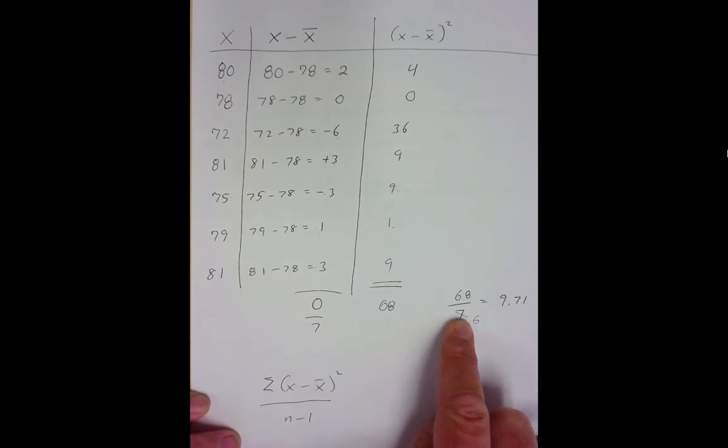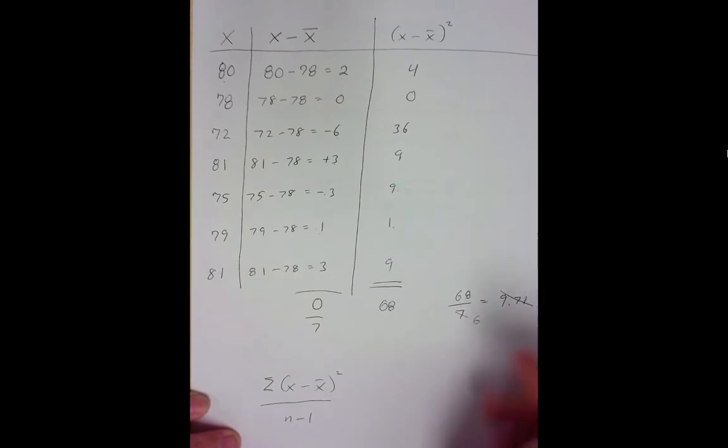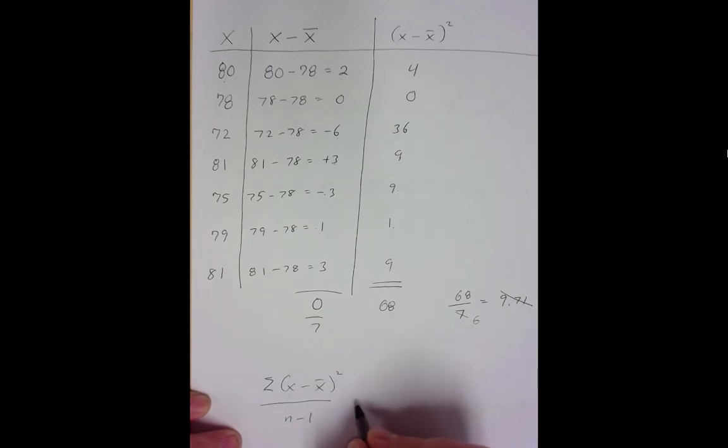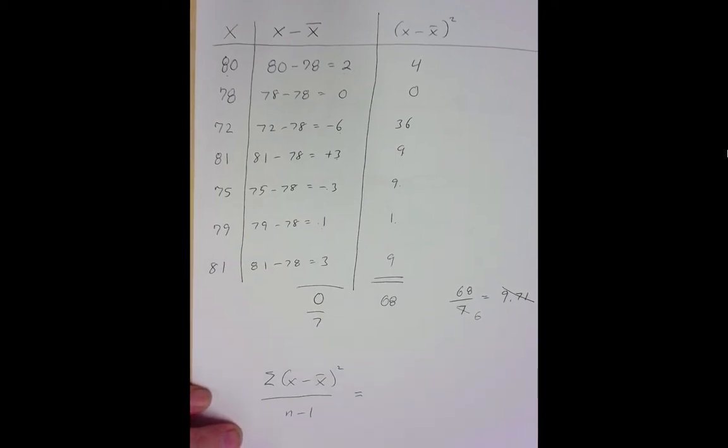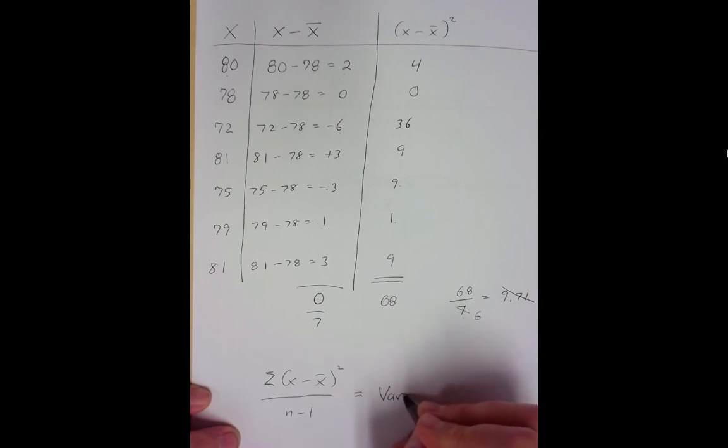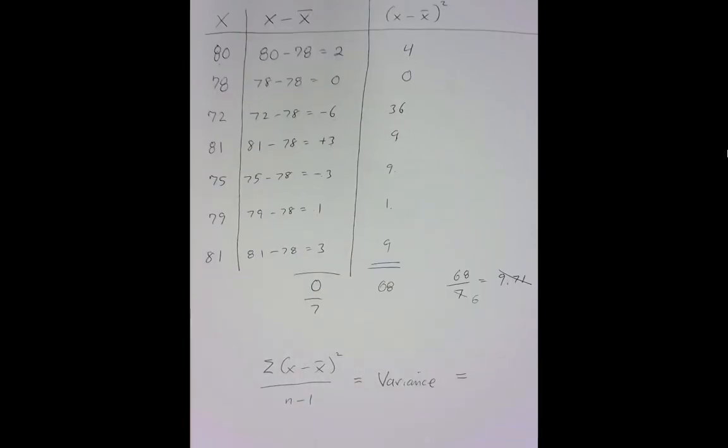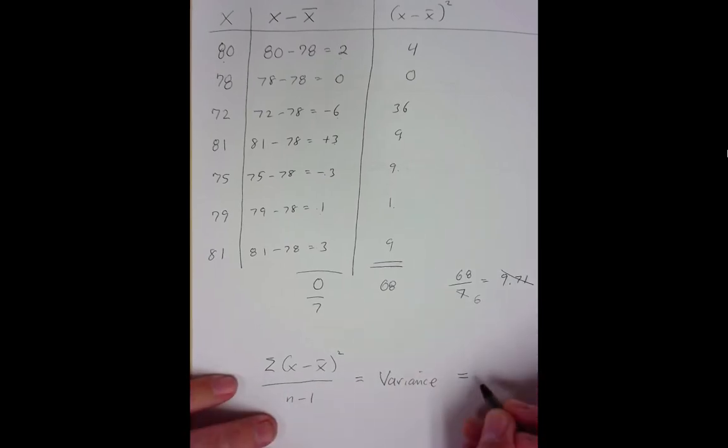Now, we initially divided by n, but they found out, for reasons too complex for this class, it's better to divide by n minus 1. They said, well, we need to give this a fancy name. And they called this the variance. So guys, the variance for this problem would be 68 divided by 6, which is 11.33.